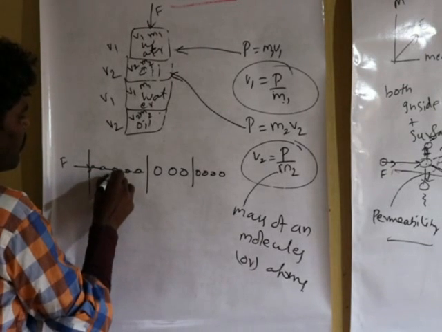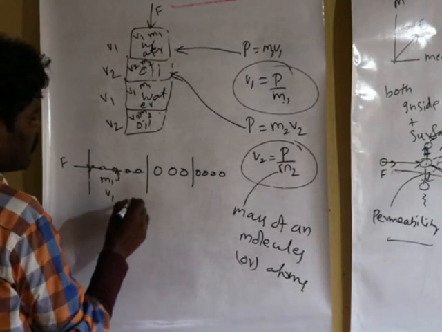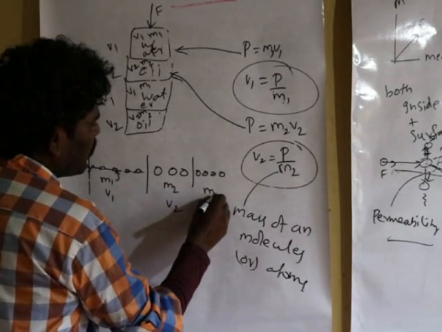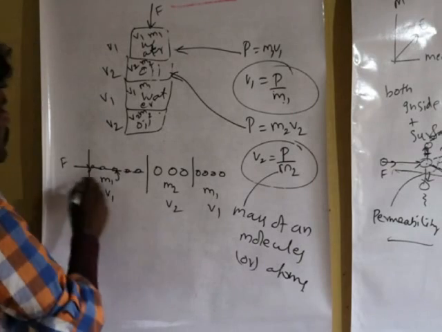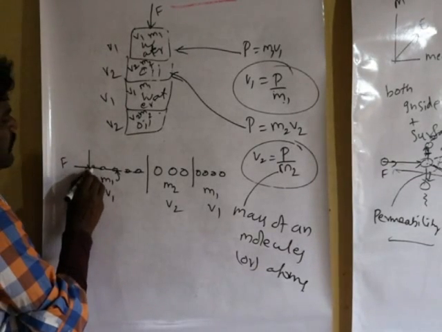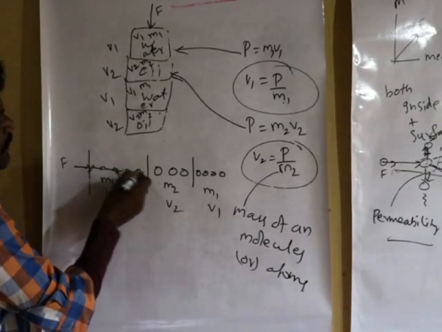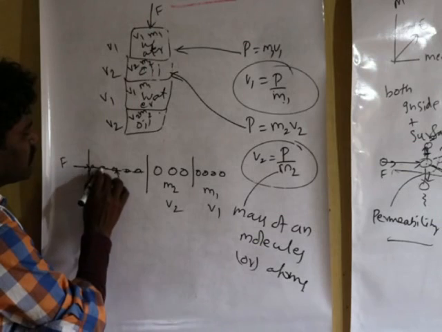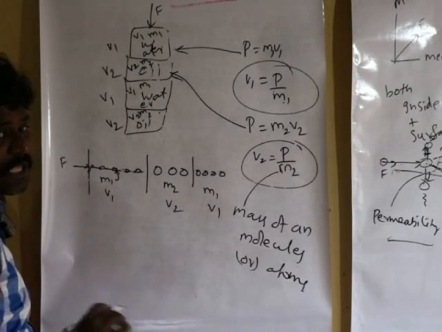This one is m1 with velocity v1, this is m2 v2, this is m1 v1. When the signal is propagated from here, it keeps on momentuming. The masses of these molecules are the same, there is no difference.